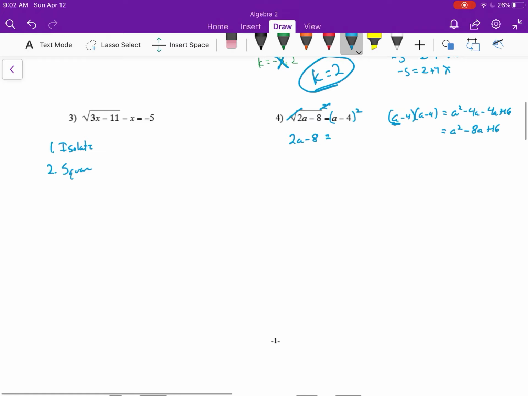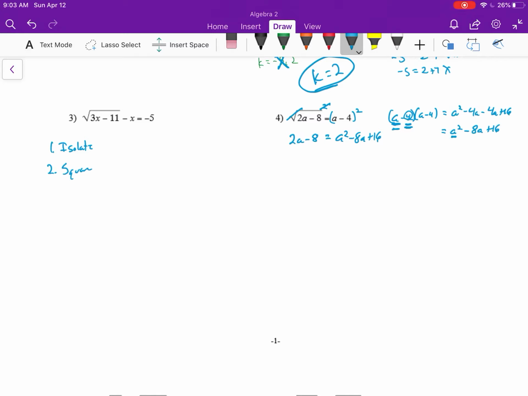Again, just remembering that shortcut: the first thing squared is a squared. First times second times 2 is negative 8a, and then the second one squared is 16.